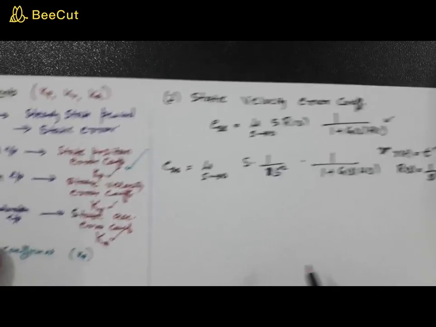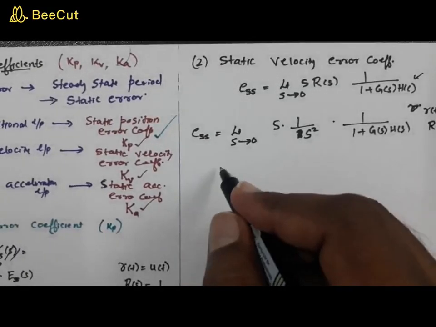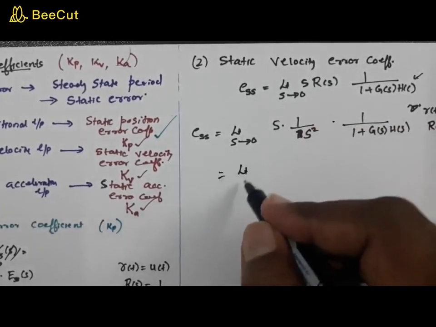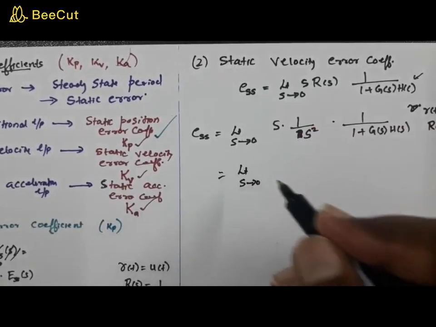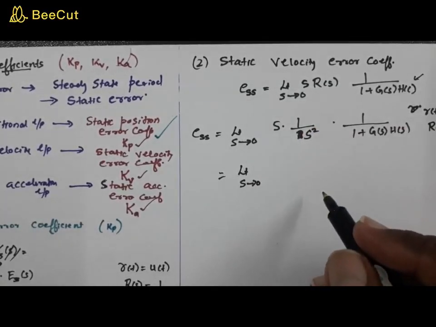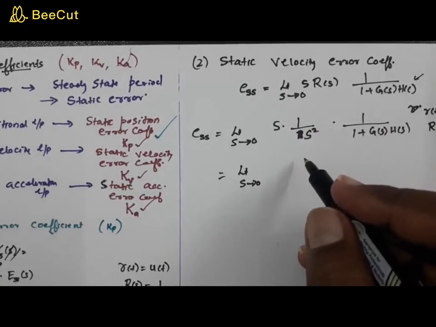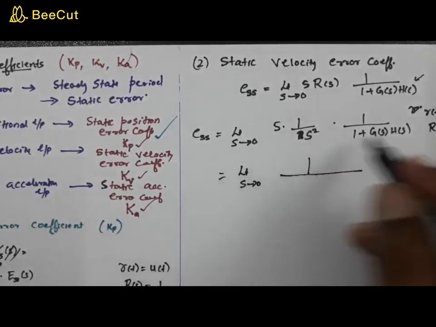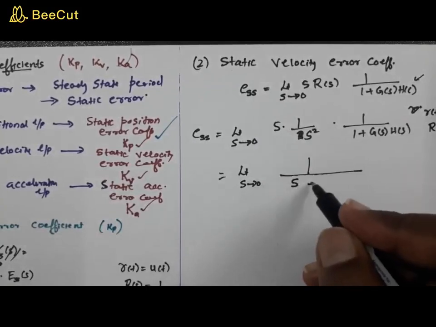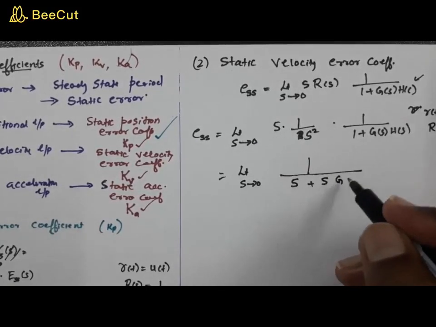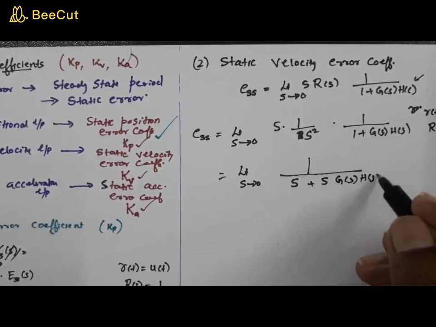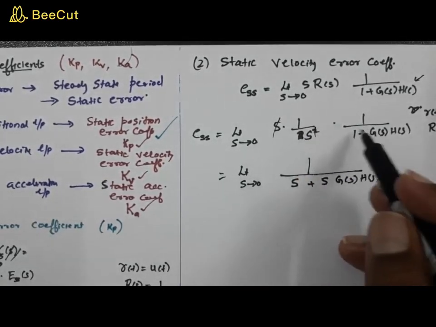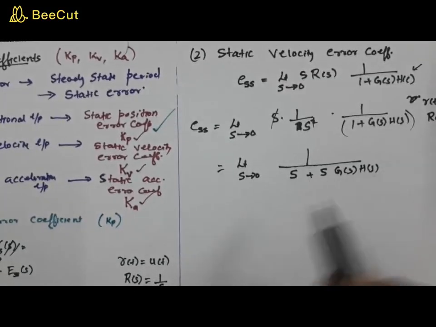Now this s and s get cancelled, so this will be limit s tending to 0 of 1 by (s plus s into G(s)H(s)).